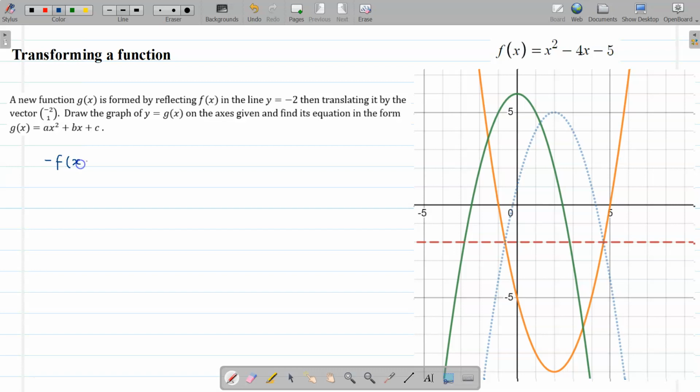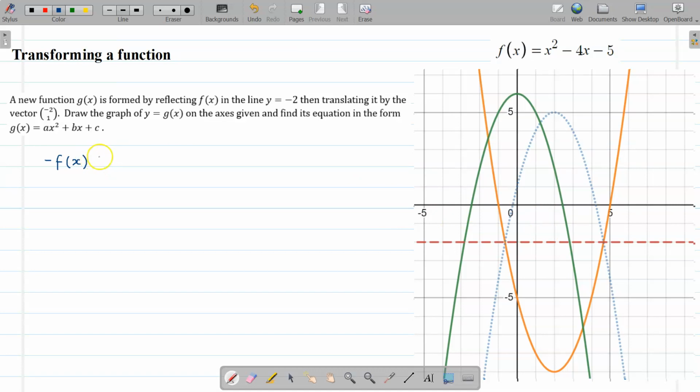Now if you think about it, if we had reflected it in the x-axis, to get it to reflect in the line y equals -2, we would have to then move it down 4 places, in order to correct the distance between the x-axis and the line y equals -2.